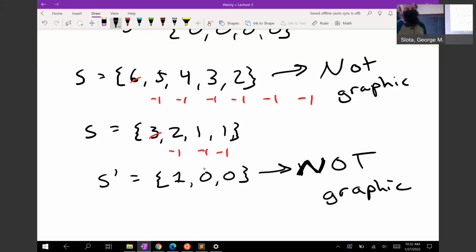Obviously that can't be, because again, we have this relation between S and S prime: if S prime is graphic, S is graphic. But since S prime is not graphic, neither is S. Trivially, we can see that S prime is not graphic because there's a graph with 3 vertices, one vertex having a degree of 1.